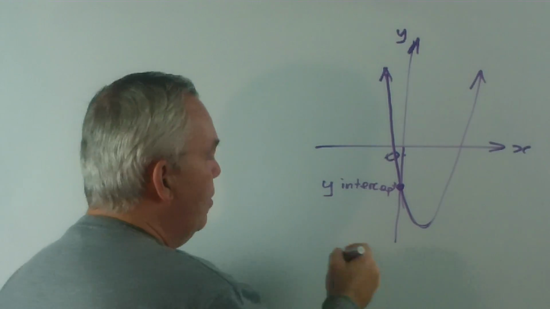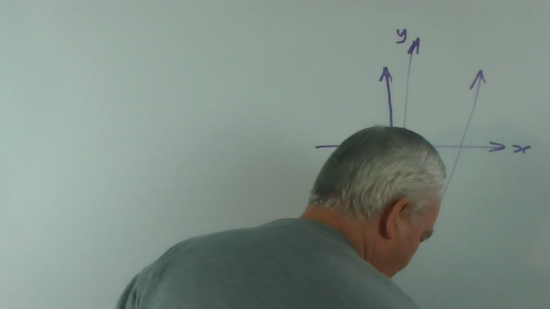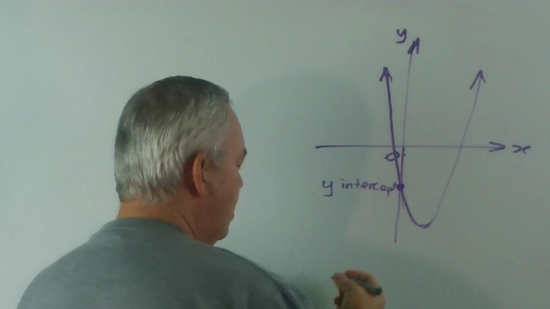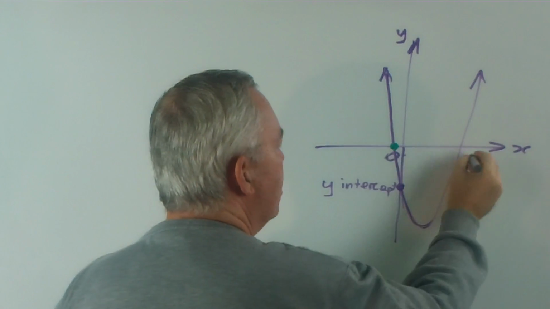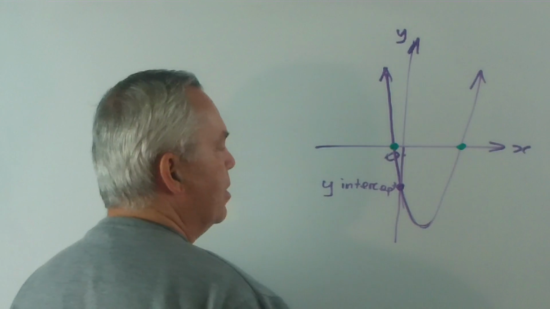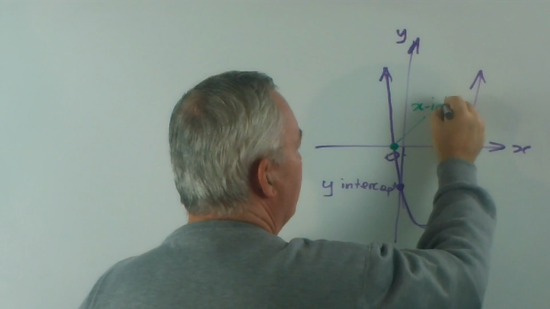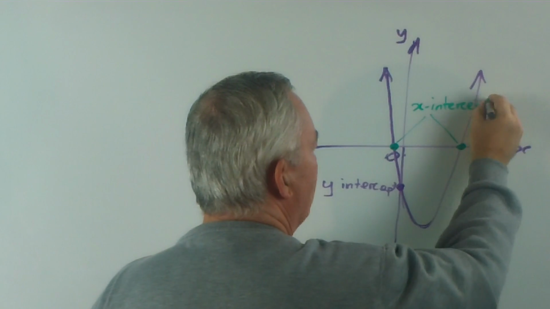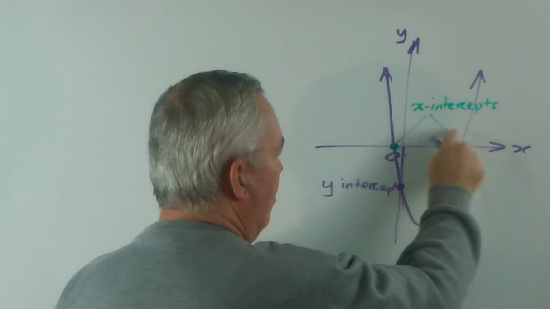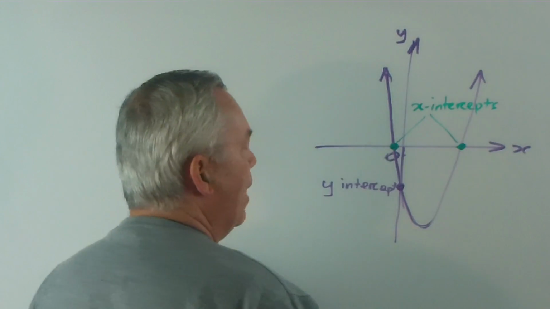In this particular video, I'll change colours here, we're going to introduce the idea of finding these intercepts, which we call x-intercepts, because it's where the parabola intercepts the x-axis.